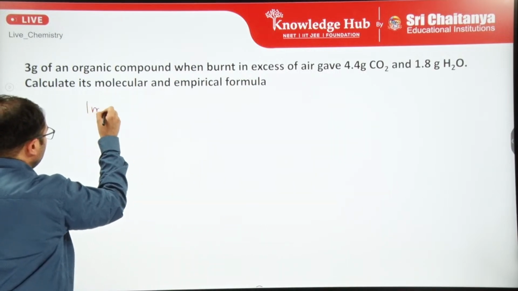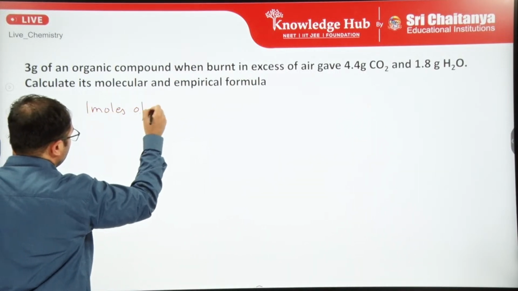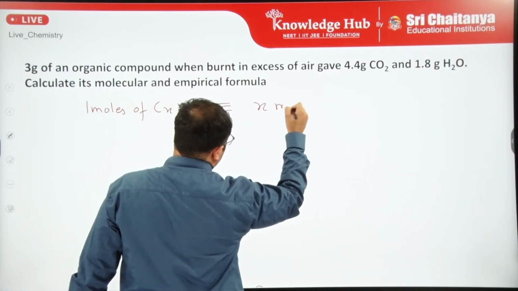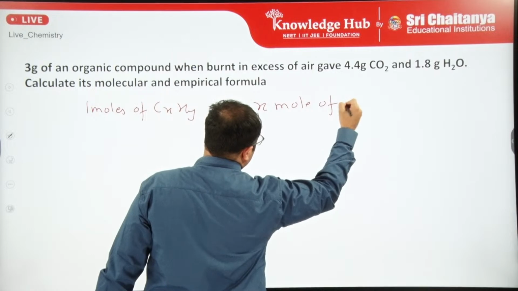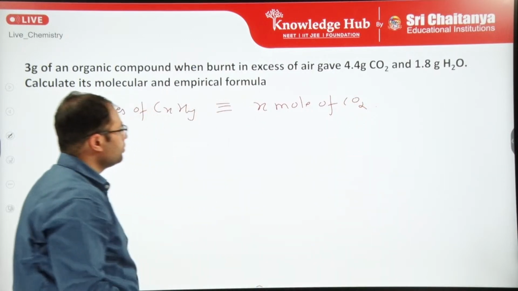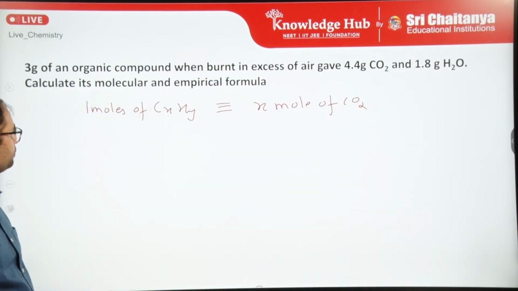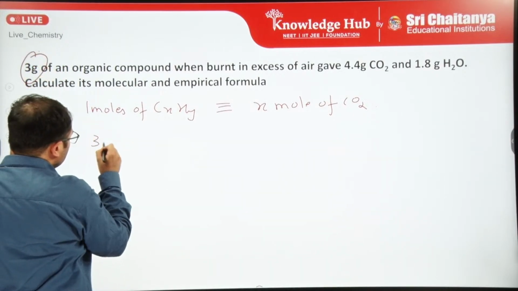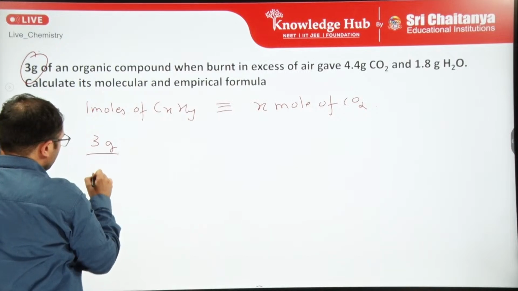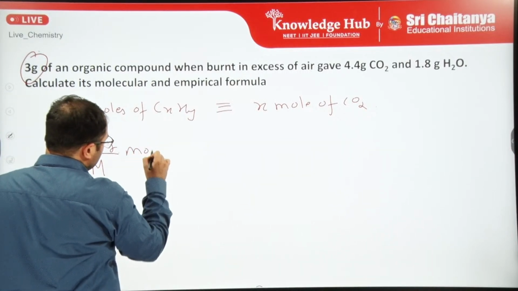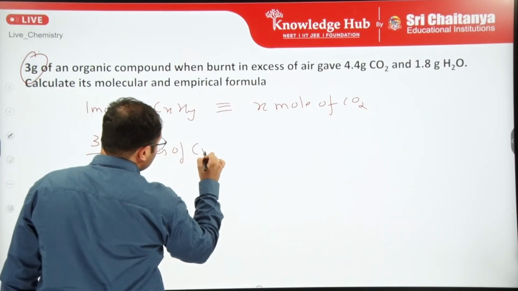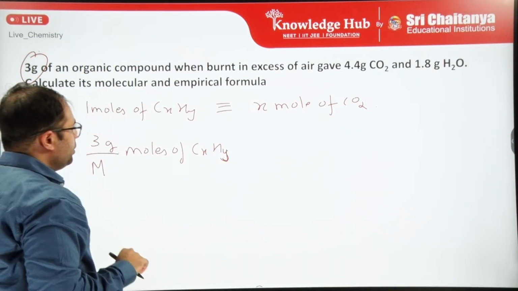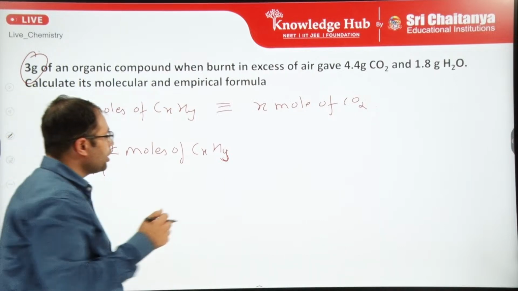See, 1 mole of CxHy gives X moles of CO2. Right? So how many moles do we have? 3 grams. So 3 grams by molar mass moles of CxHy will be given by how many carbon dioxide moles?